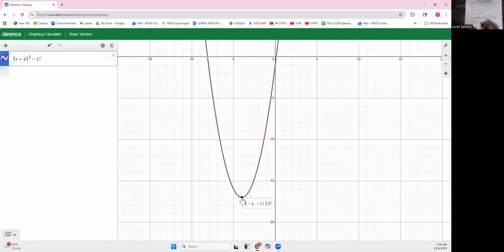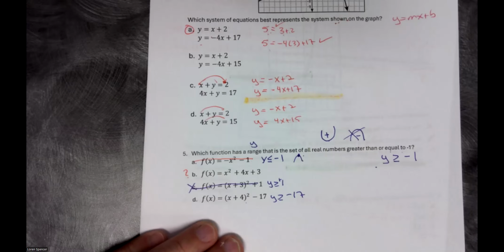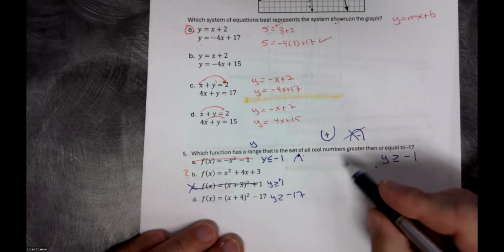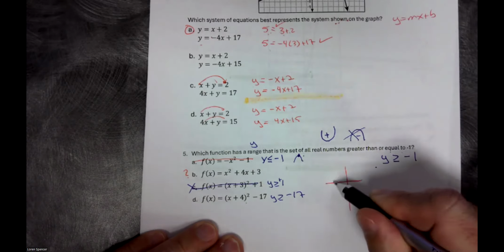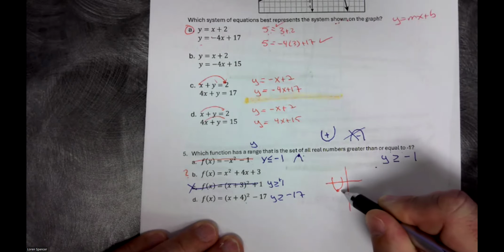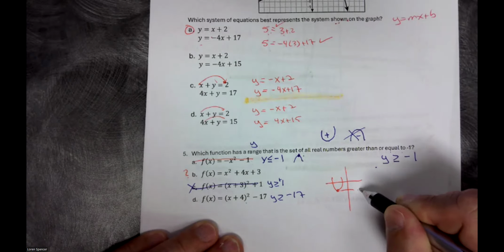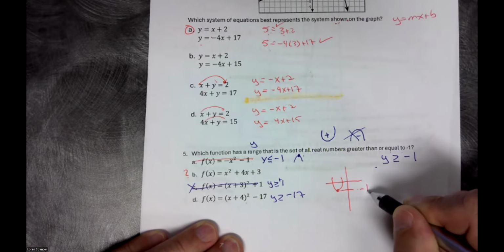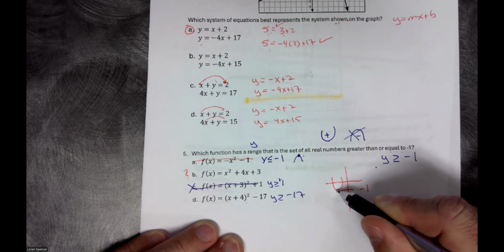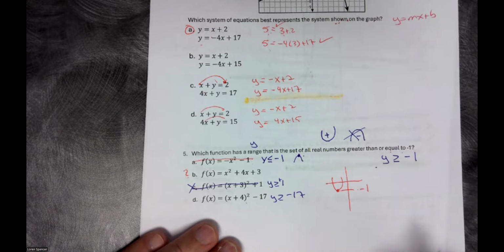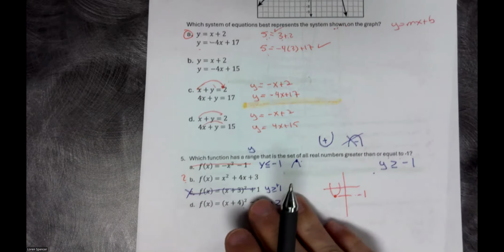So the only answer choice it could possibly be is B. So in this case, it was B because our graph looks something like this, where the Y value was at -1, the lowest point, the minimum. All right, so number 5 is one you really need to get right.